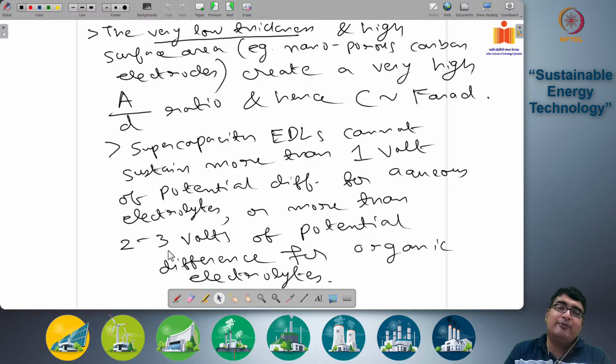So contrast this with 40 volts of potential difference that can be sustained across traditional dielectric materials such as alumina, niobium, and tantalum based dielectric materials. Here, because we are not using a dielectric material, we are using the solvent itself as a charge separator, the voltage gradient cannot be more than 2 to 3 volts.